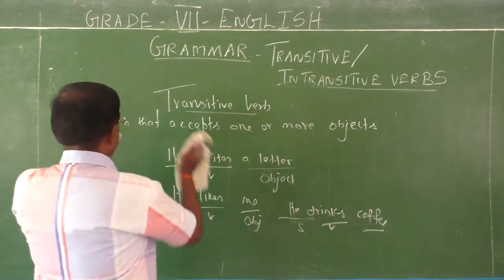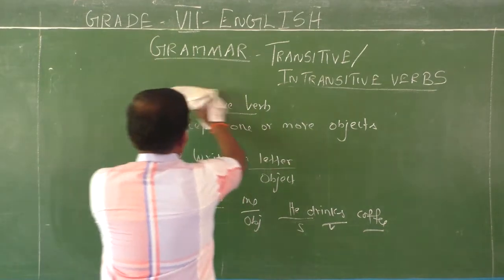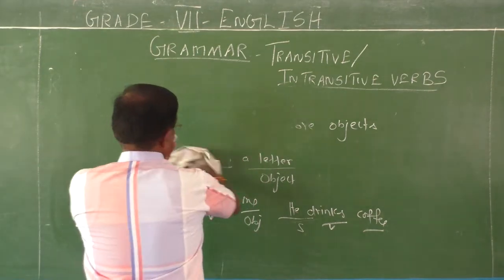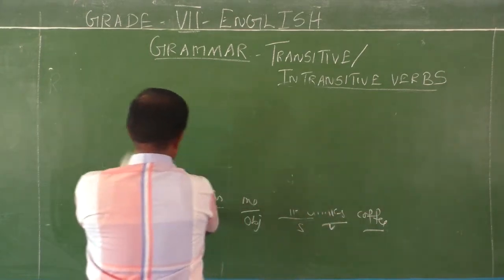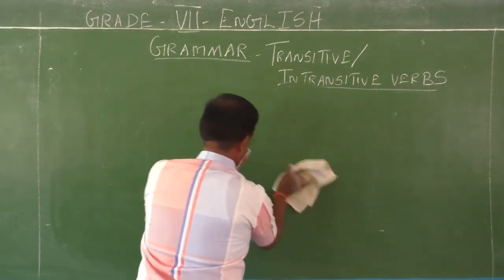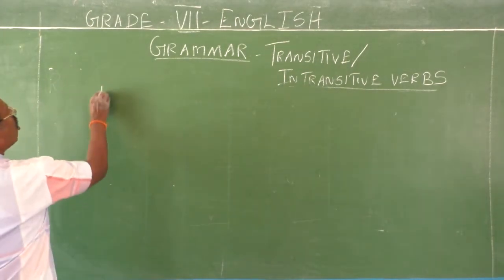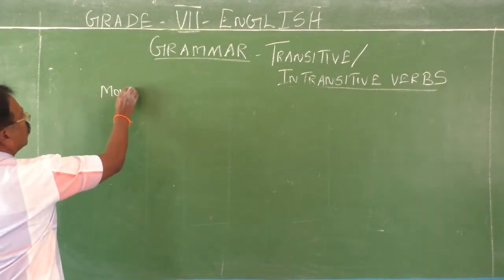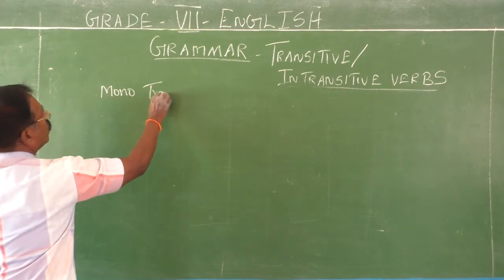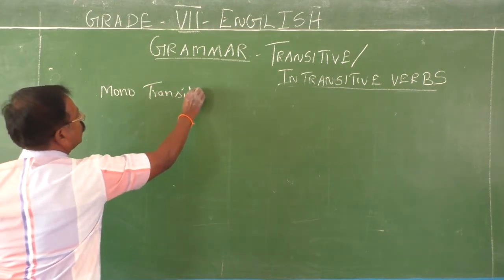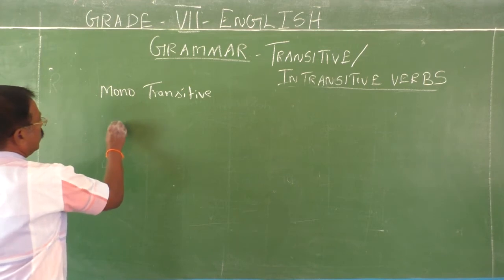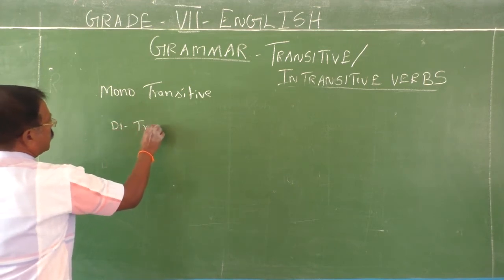Okay, next. These transitive verbs are of two types, monotransitive and ditransitive.